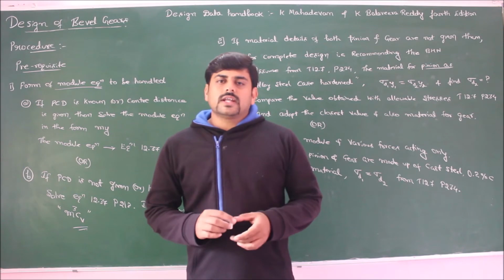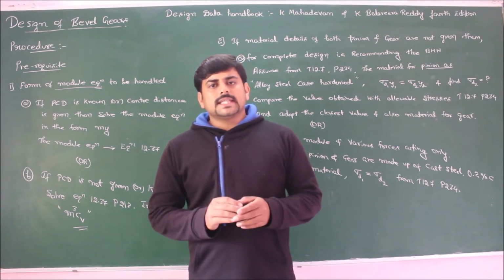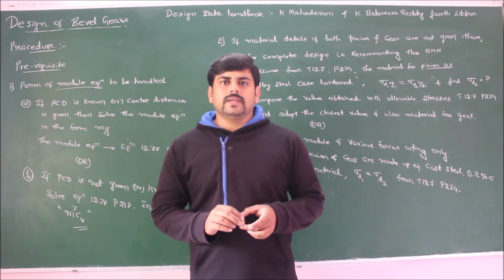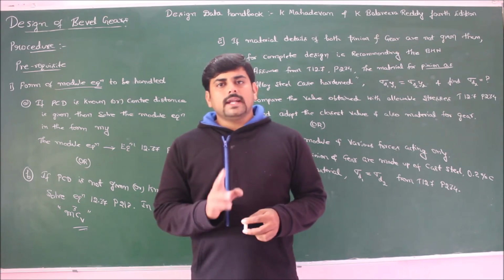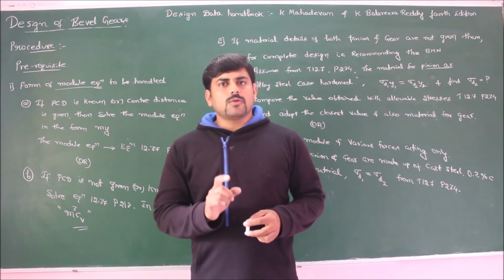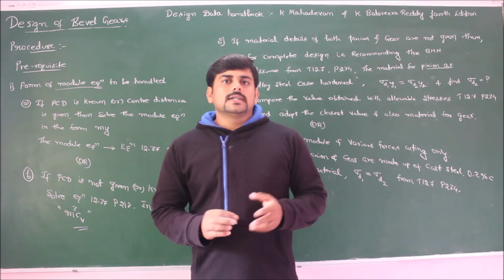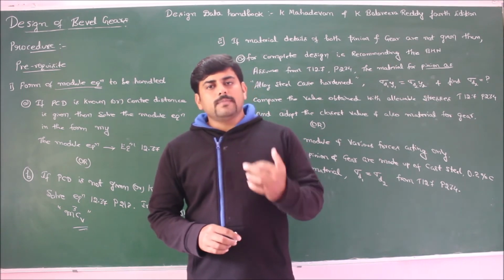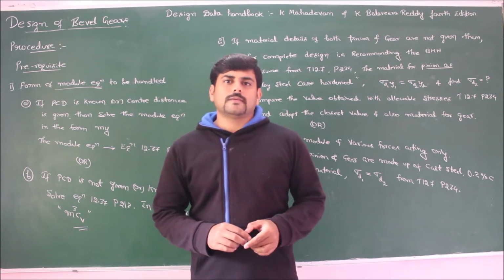Or if you are solving the problem only to demonstrate stage 1, that is to find the module and various forces acting on the bevel gear, then choose both gear and pinion made up of the same material, that is cast steel 0.2% carbon heat treated material, and design is for pinion, as we know that if both gear and pinion are made up of the same material, always pinion will be the weaker member.